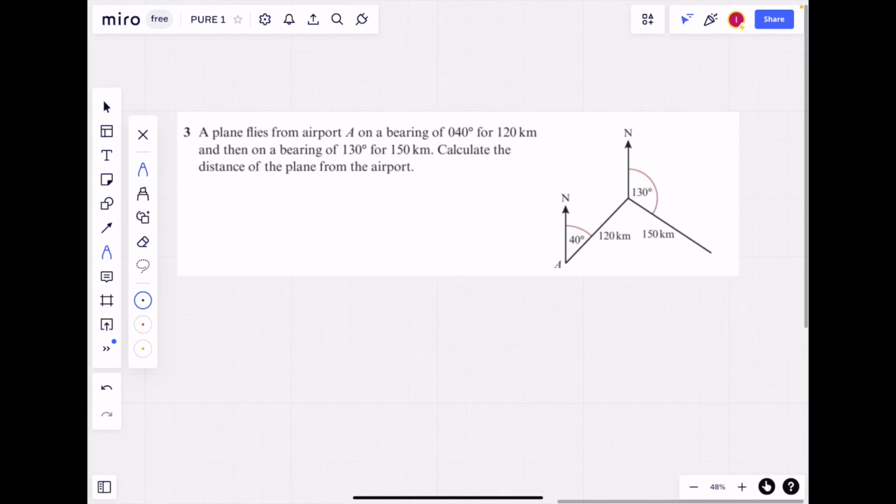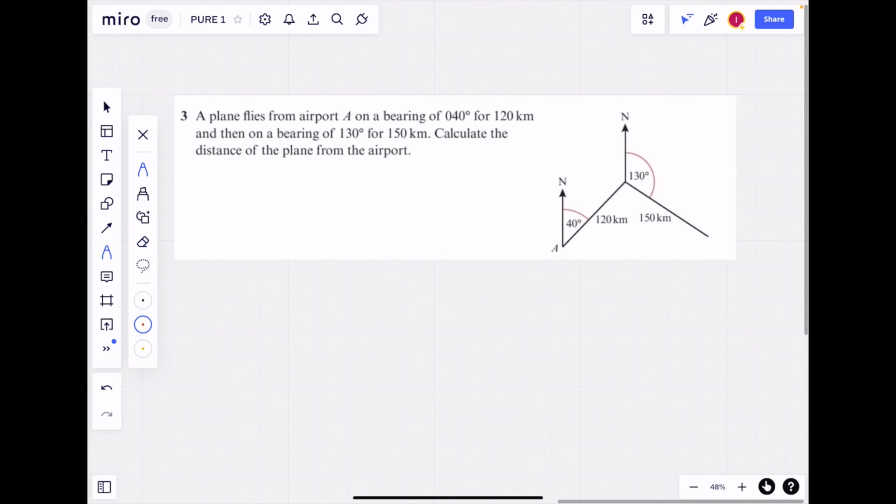Okay, first step is to find any unknown angles. You want to work out this angle here by using the alternate angle rule.